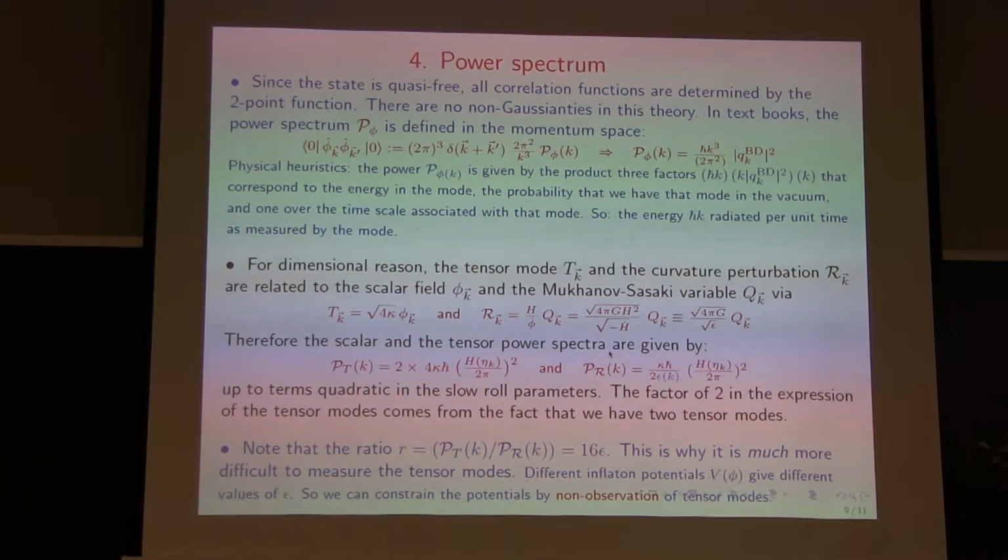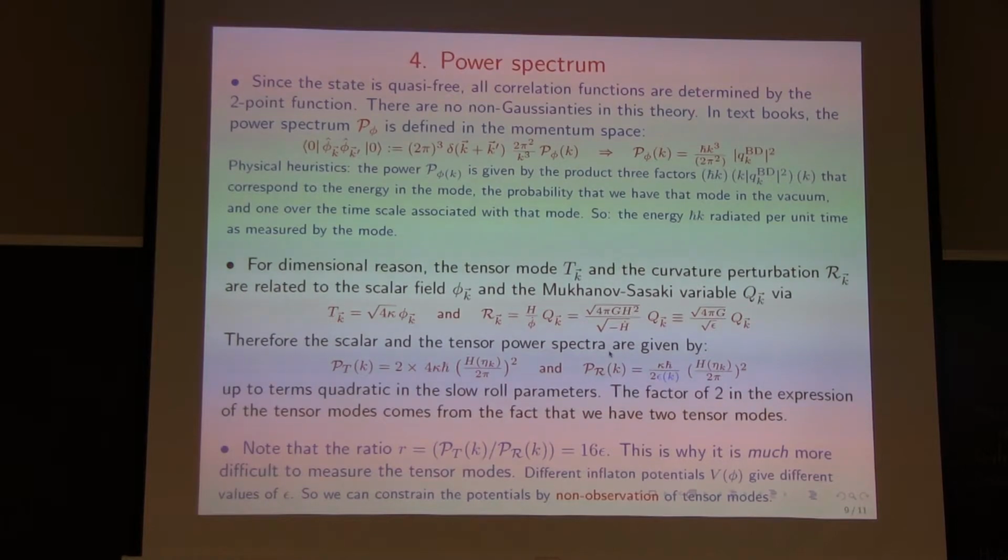And k you can think of as one over a time interval defined by that mode. We're putting c equal to 1, so I have a wavelength, or wave time if you like, and the wave number is one over that time. So the time defined by the mode is just one over k.